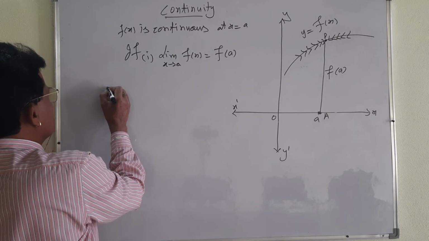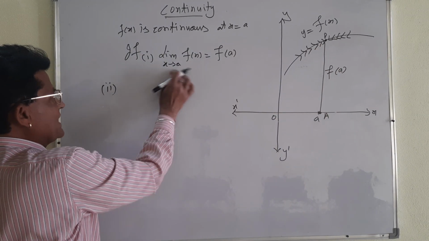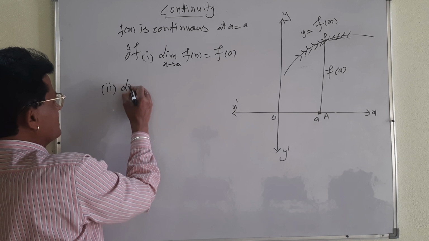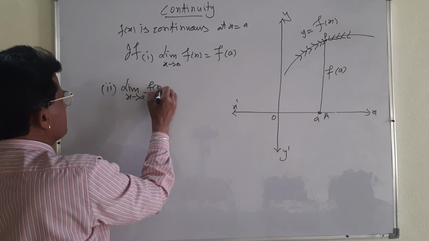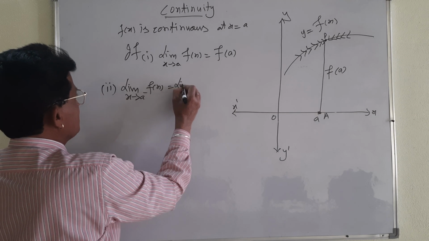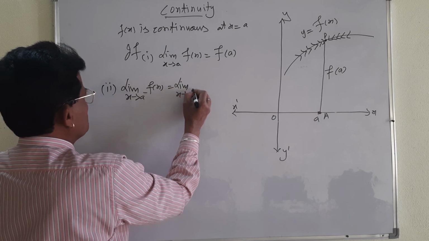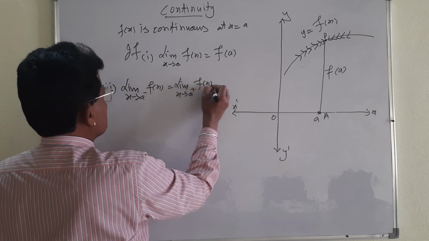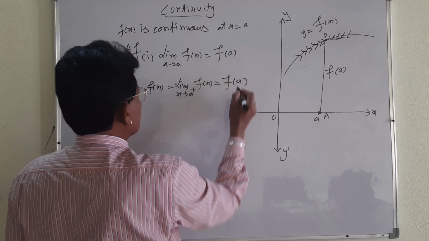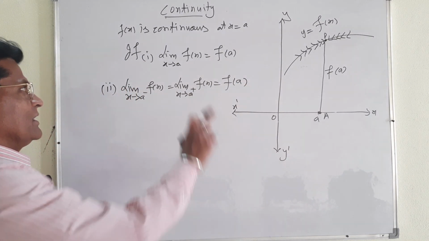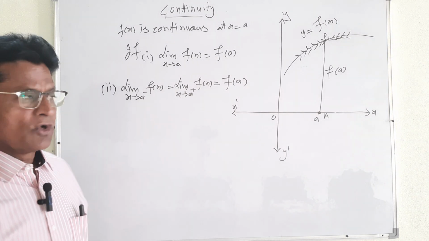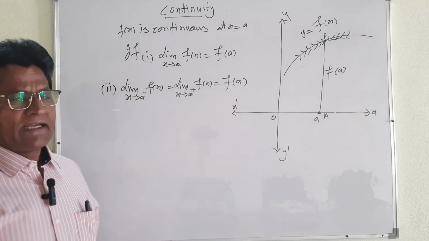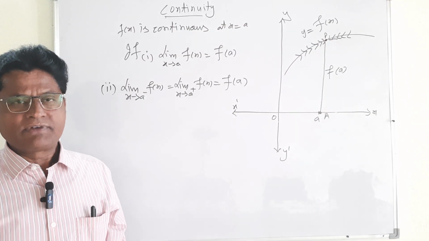This is the second case. Limit x tends to a negative f(x), as well as limit x tends to a positive f(x), will be equal to f(a). Either you solve the question by using the first case, or by using the second case, then the function will be continuous.